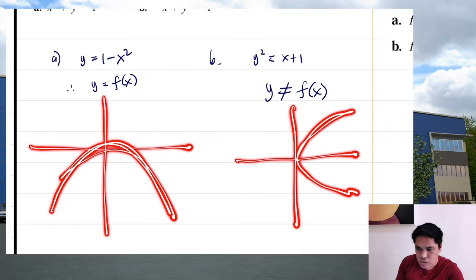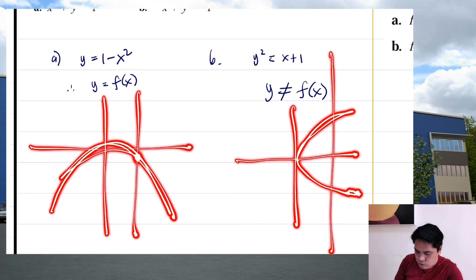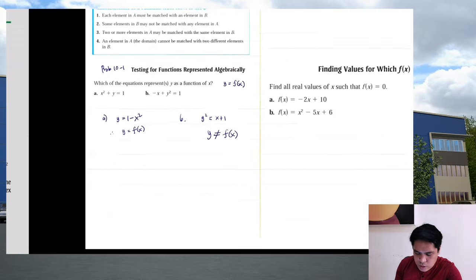In high school, we were taught that in the vertical line test, the line should cross only once. Right? If we draw a vertical line at any point, it should cross only once. So, this is a function. But here, when we draw a vertical line, it crosses twice, then this is not a function. So, that's just it. Vertical line test.